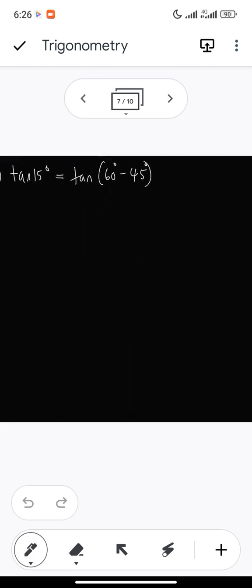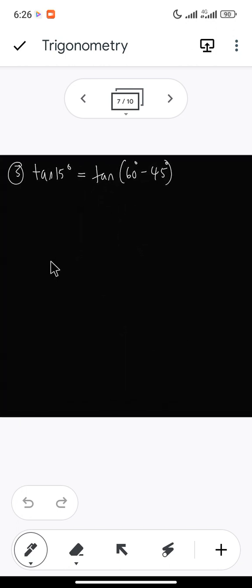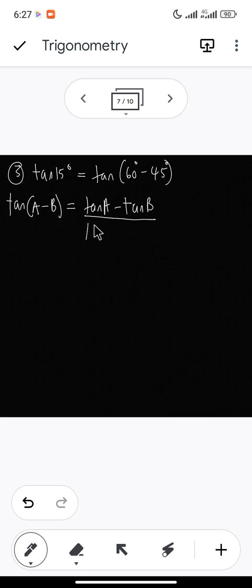So it says that tan(A - B) gives you tan A minus tan B, all over 1 plus tan A tan B. This is what the compound angle formula says we should do.